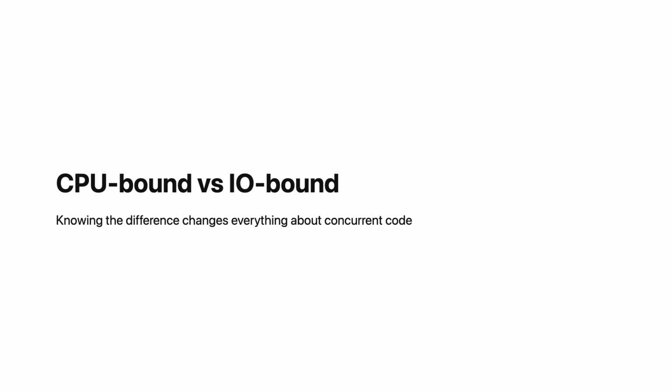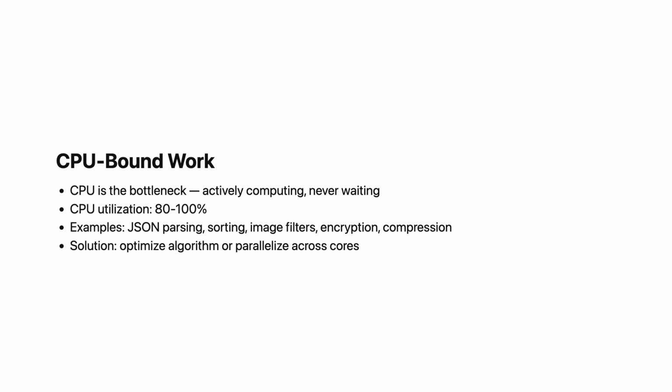Examples on Android: parsing a large JSON response into objects, sorting a list of 10,000 items, applying an image filter or transformation, running a complex regular expression, encrypting or decrypting data, compressing a file. In all of these cases, the CPU is busy. If you look at the profiler, CPU utilization is high, 80, 90, 100% on the core running this work. The thread is never waiting.